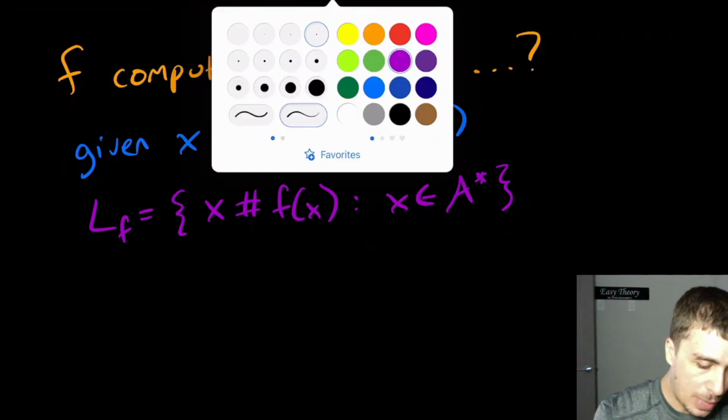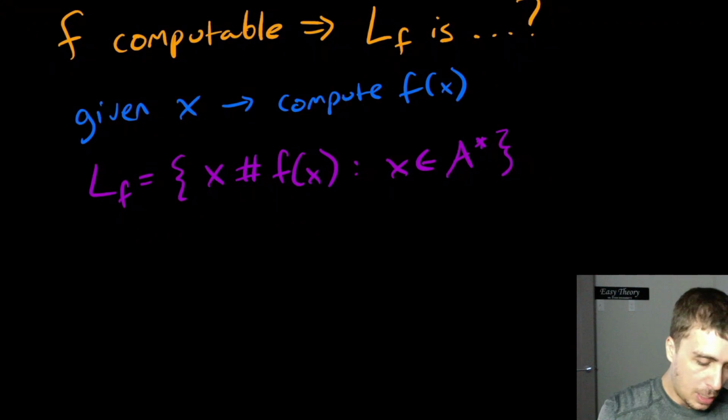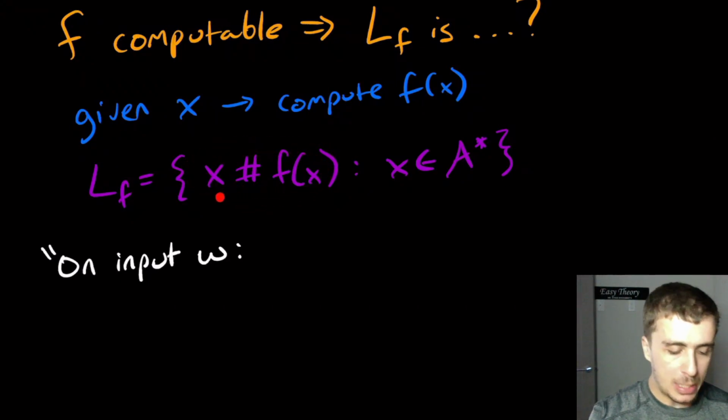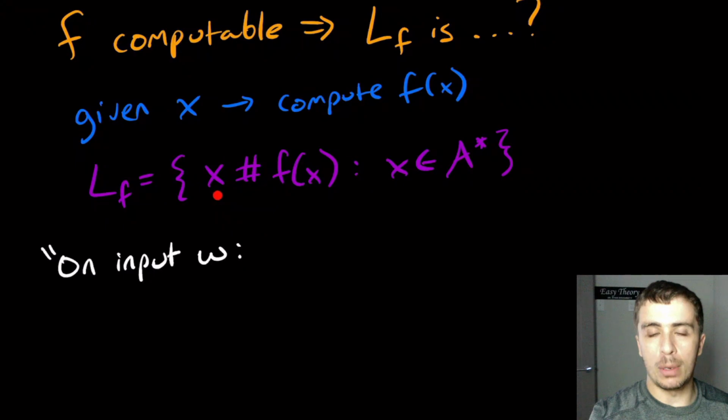So let's see what we can do with this. Let's say that we are given some input w. Well, notice that this language is only strings of the form something in A star followed by a pound sign followed by something in B star.